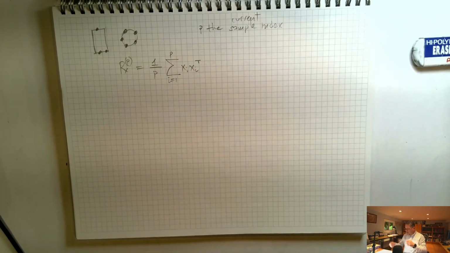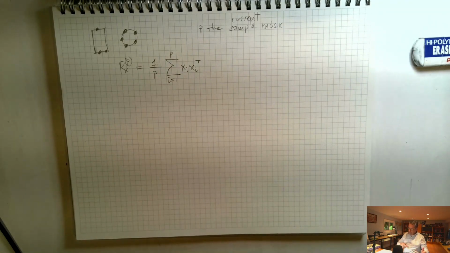So the pth sample has now come in, and I can use all the samples I have received up to this moment to come up with an estimate of the correlation matrix. We would like to write an expression where this estimate is written in a recursive way, with the P minus 1 estimate as the previous estimate.